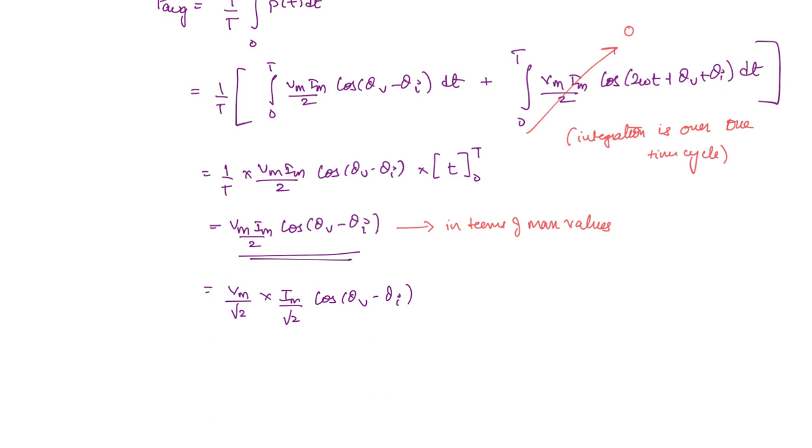Vm by root 2 is V RMS, Im by root 2 is I RMS, into cos(theta v minus theta I). This will be in terms of RMS values. So finally this is the expression for the average power. We will now see the average power for various circuit elements.